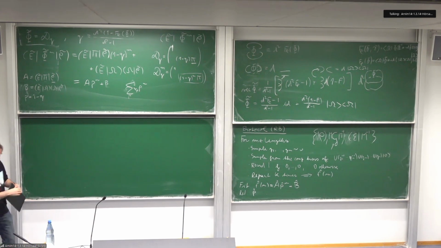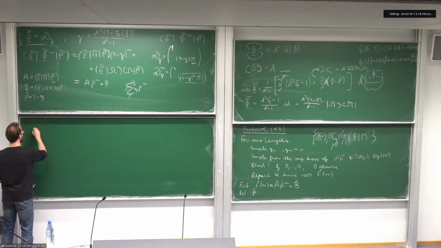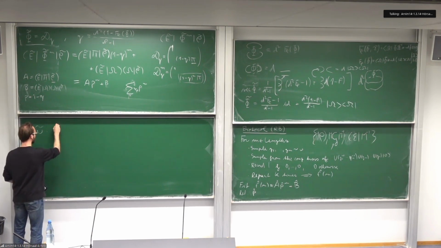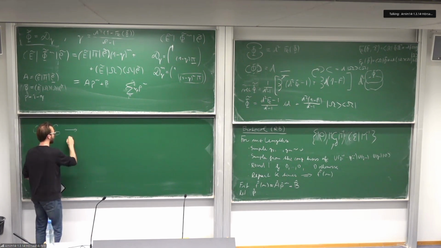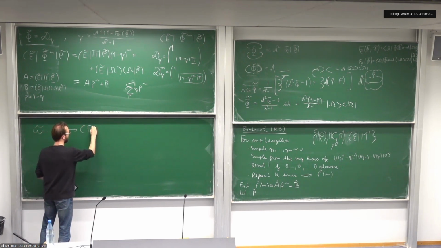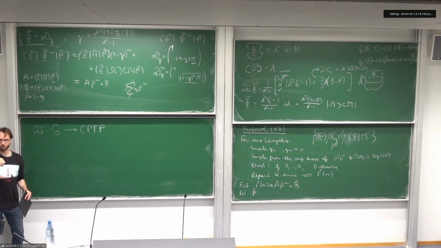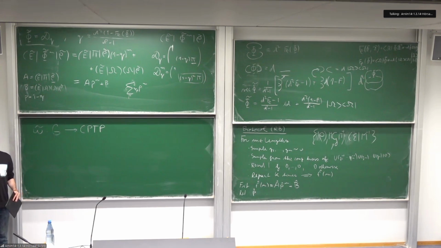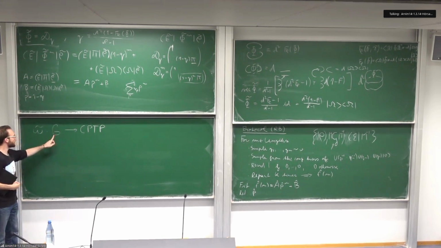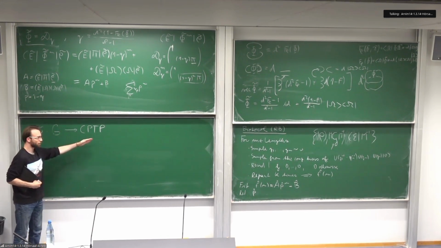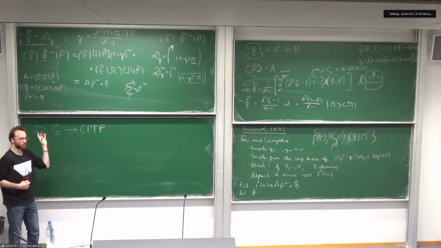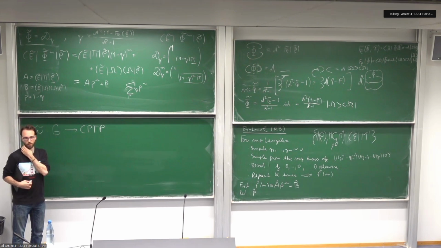So there's this idea of an implementation map. An implementation map is a map from the group to CPTP maps. I take an element of the group, and then I implement it on the quantum computer as a channel. This is a model for gate-dependent noise, because depending on which group element I take, I have a different CPTP map, and there is no need to decompose it as we had before with the gate-independent one.